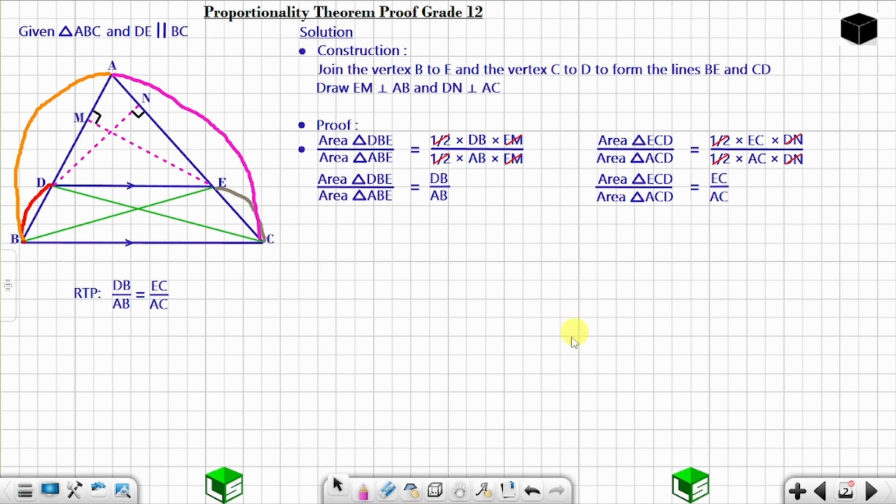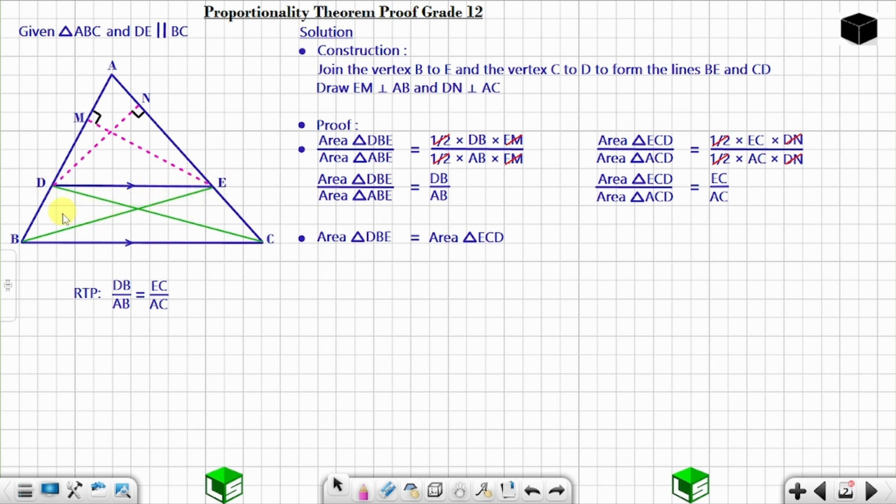Now you are going to use the areas of the bottom triangles. The area of triangle DBE is equal to the area of triangle ECD because you have a common base DE.